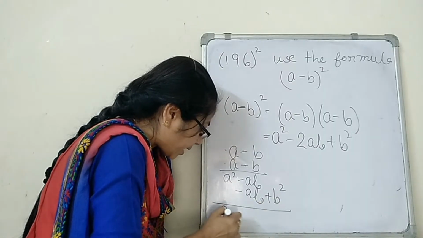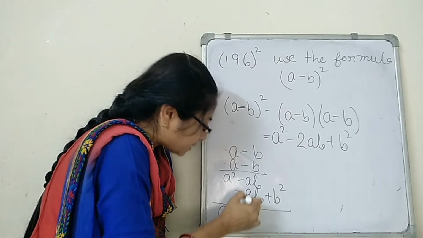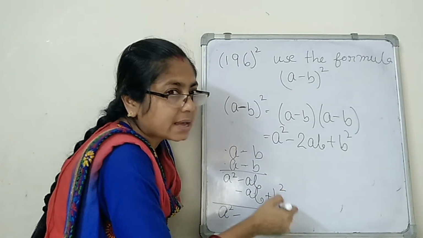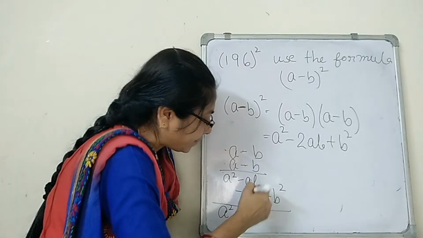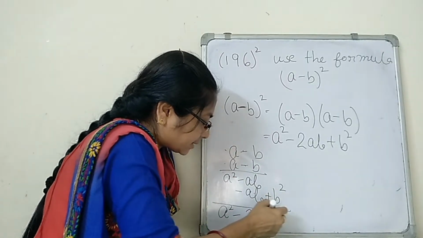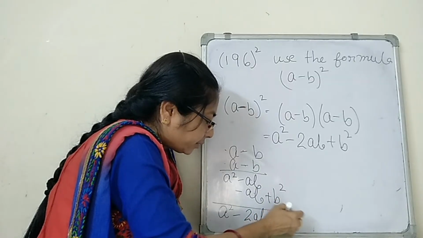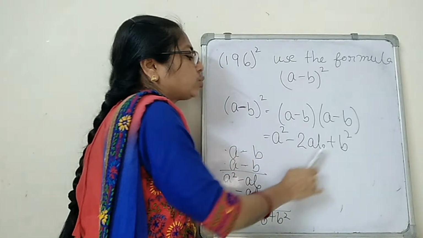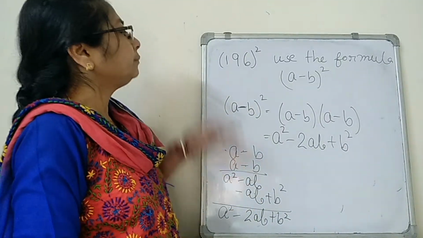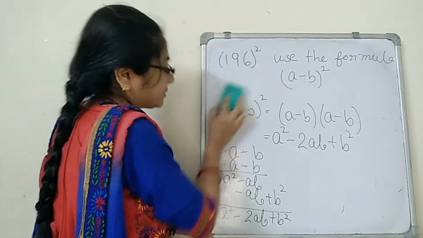A square, minus AB, minus AB, 2AB. What is the sign? The sign is minus, plus B square. Clear? A square minus 2AB plus B square. Clear? Now I shall go to the main math.